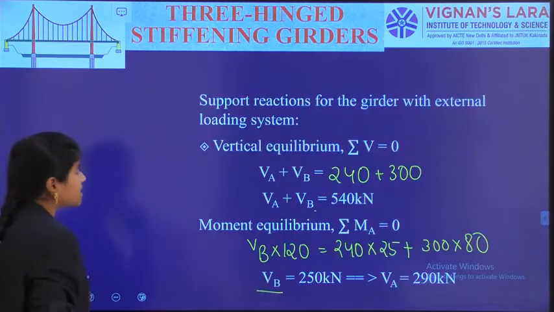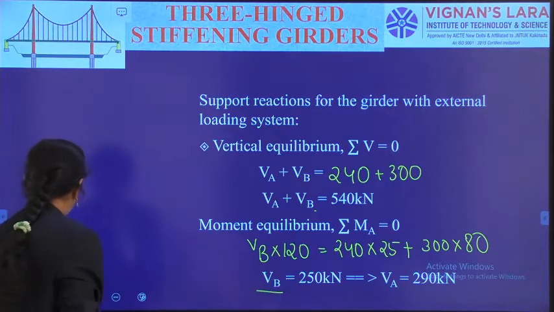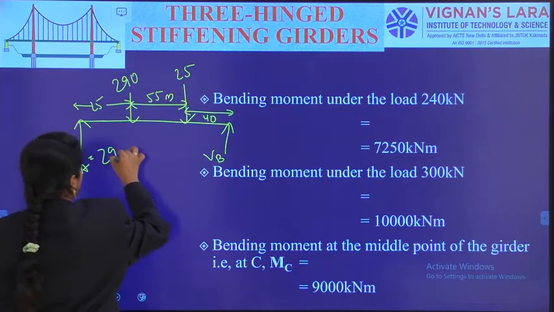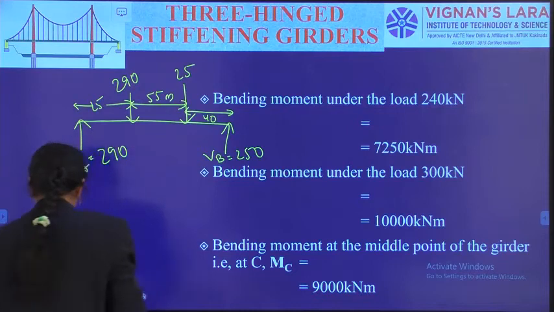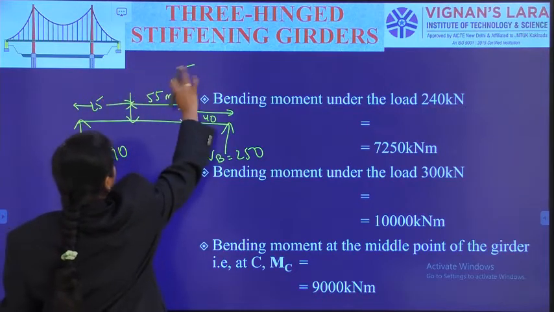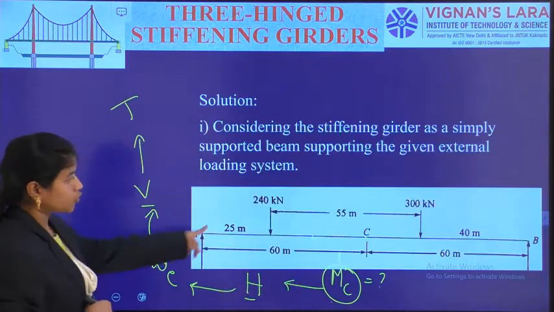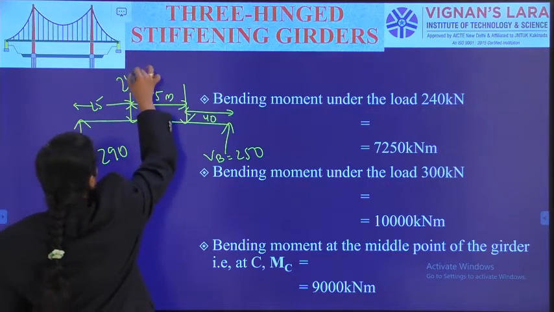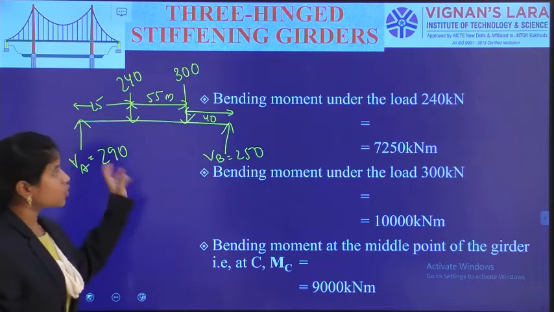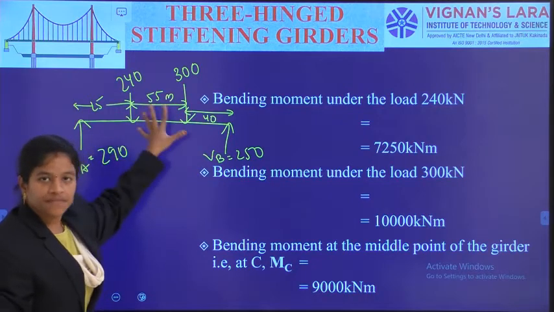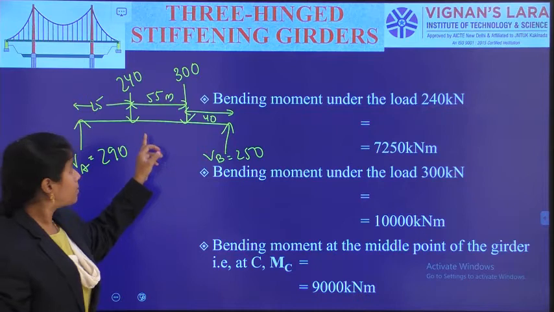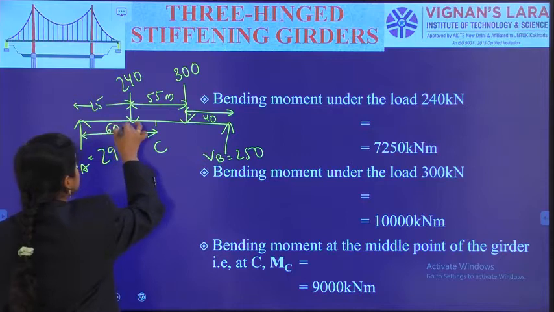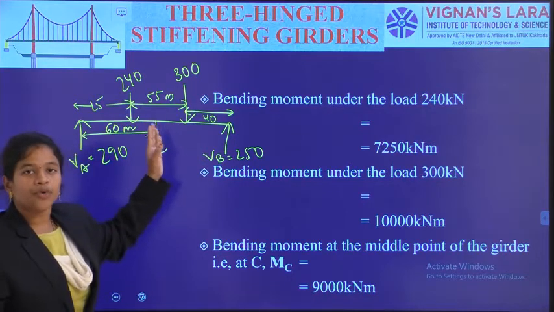These are the original loading conditions, and these are 240 and 300. So this is the original loading figure we have got. For this original loading figure, I need to calculate the bending moment at this C location, which is at a distance of 60 meters from A. So this is the output I need to calculate.